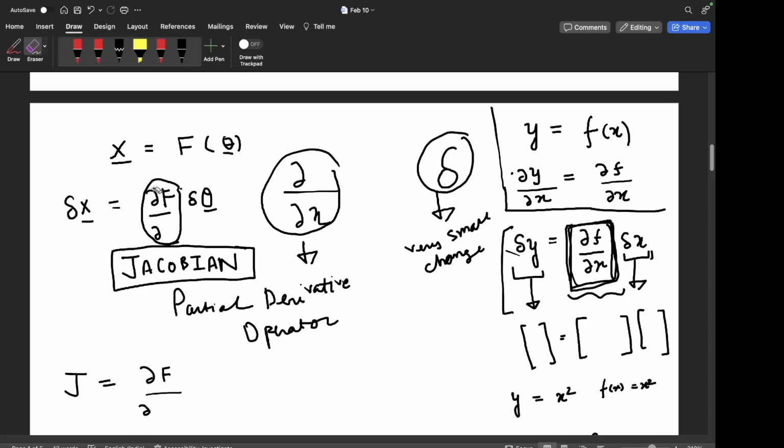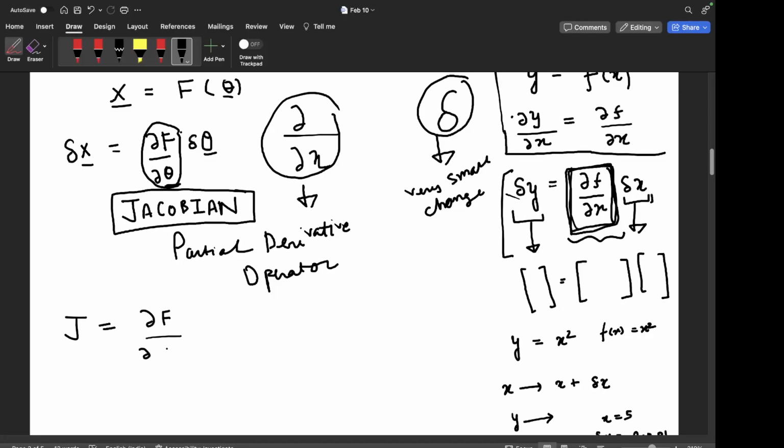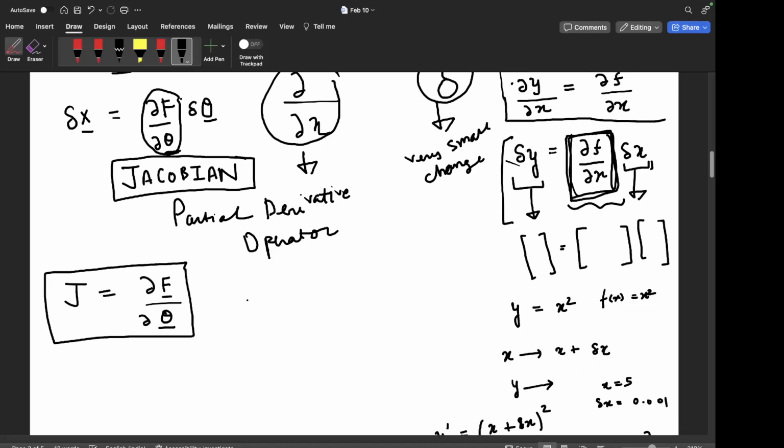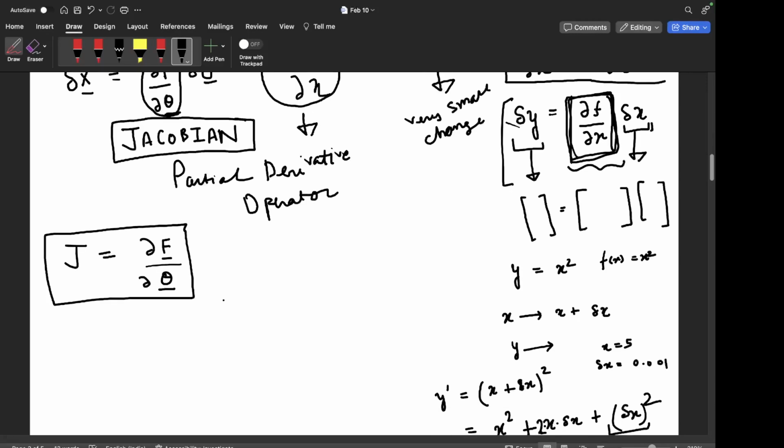So here there will not be x, there will be theta, because that's the independent variable. Like you differentiate with respect to the variable on the right hand side, so it will be theta. So del f by del theta. I am putting this bar below to note that these are all vectors and vector valued functions.